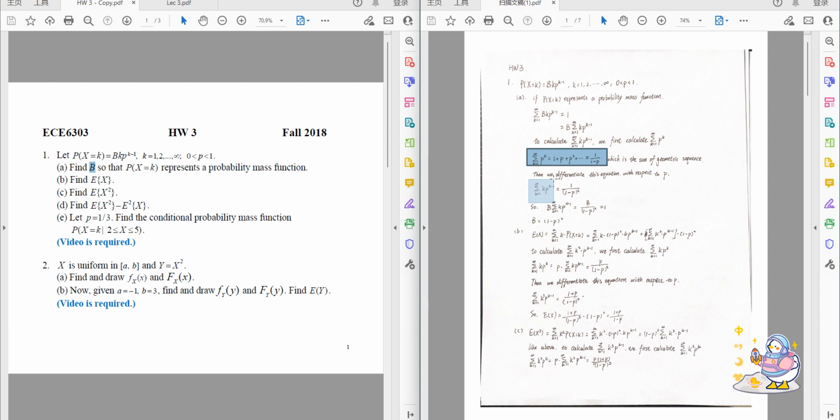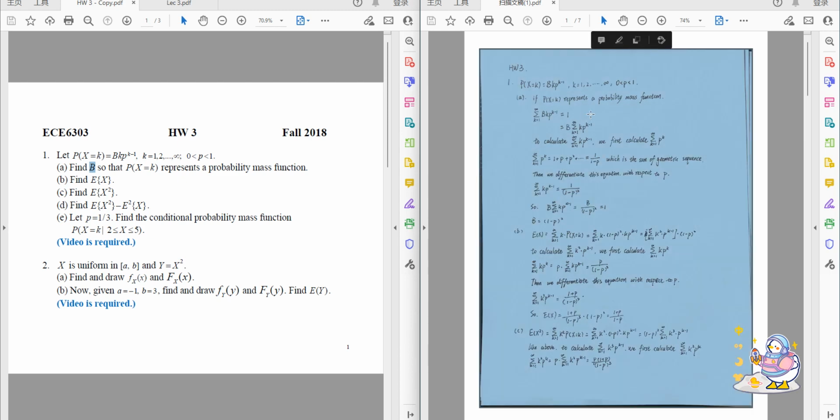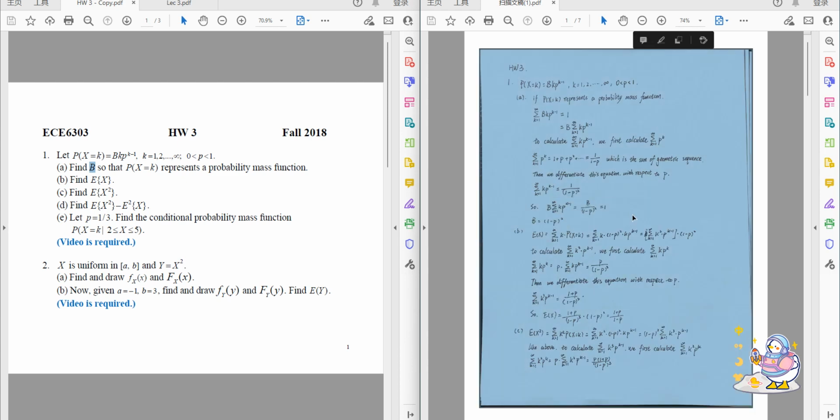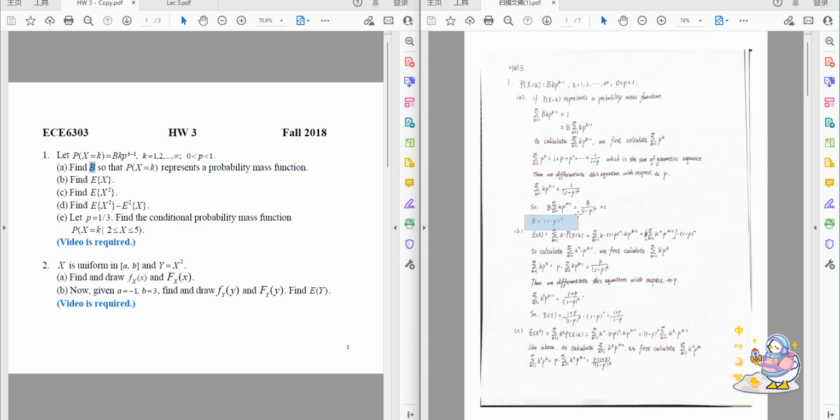So we can get this, which is 1 divided by (1 minus p) squared. And now we know this term is the same as this term. So we can solve the equation. We got that b is equal to (1 minus p) squared.